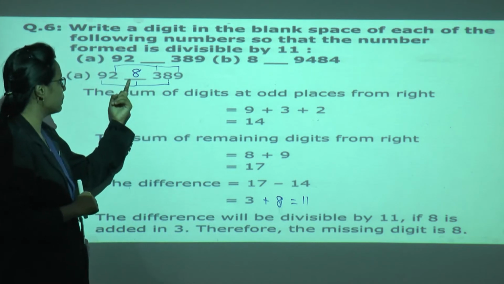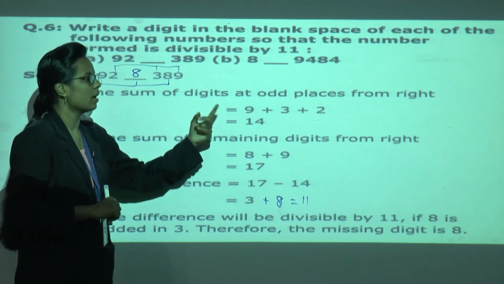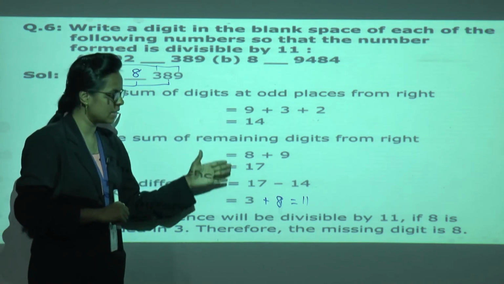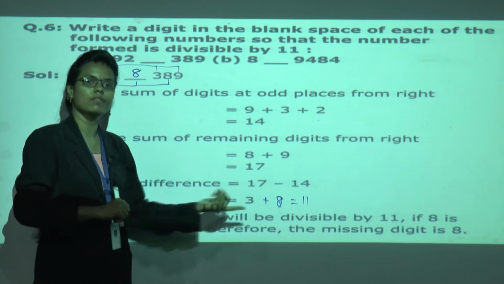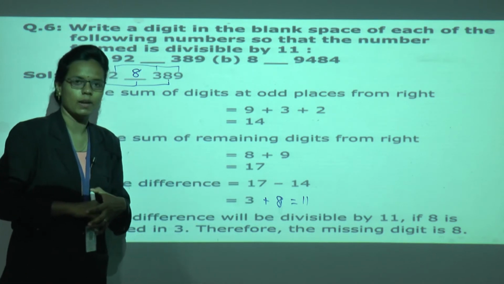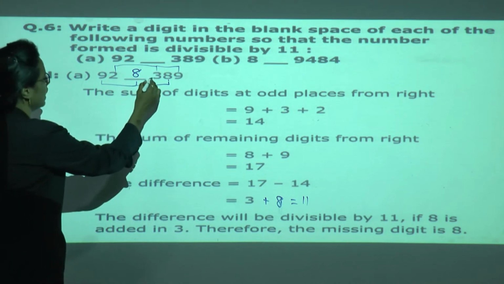So in the blank space we have to add 8 so that after the sum at odd places and the sum at even places and finding that difference we get 11, which is divisible by 11. So the number is divisible by 11.